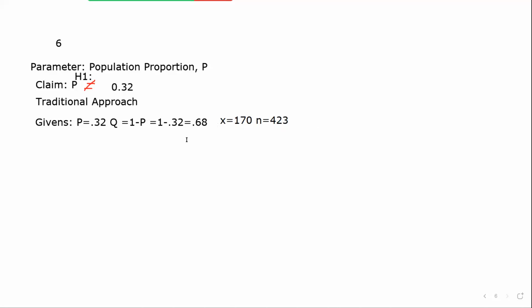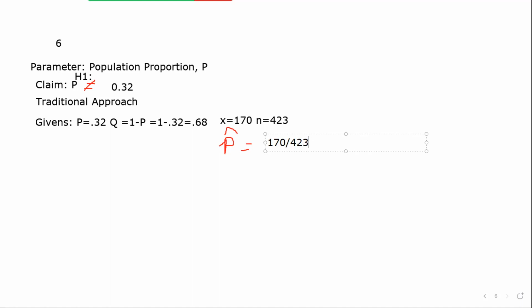Okay. If you want P hat, you can get P hat down here. Let me go ahead and compute that indirectly. P hat is going to be 170 over 423.